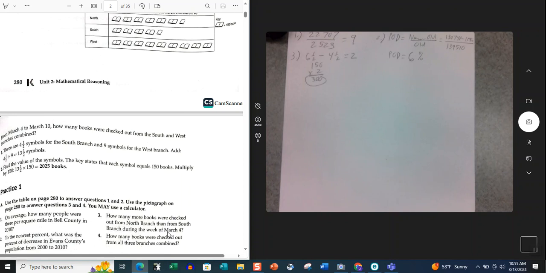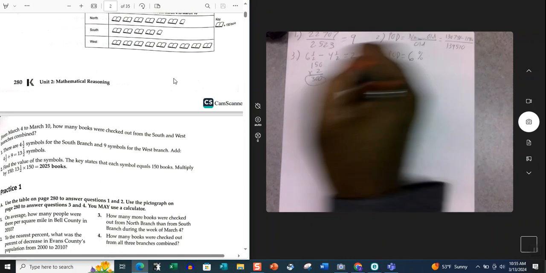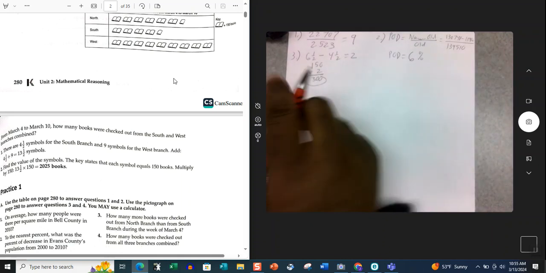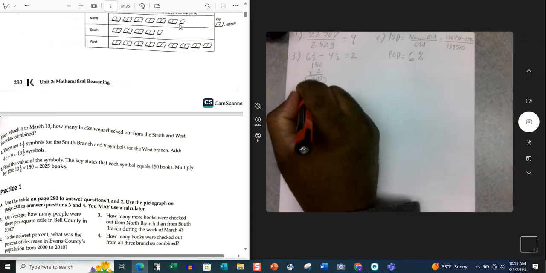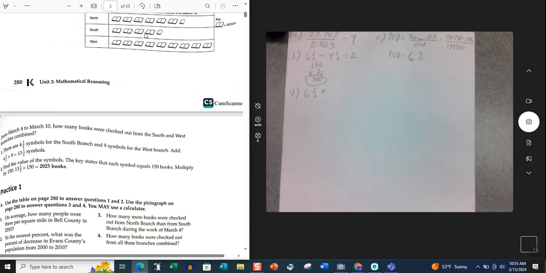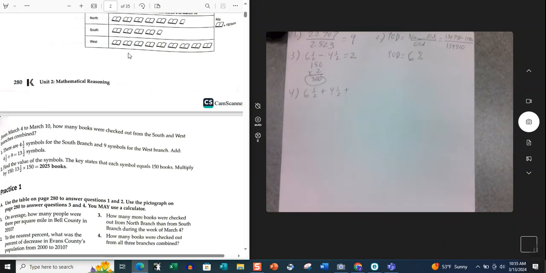All right, now we look at number 4. It says how many books were checked out from all 3 branches combined. So we need to add all of these together. So if we look here, for number 4, we have 1, 2, 3, 4, 5, 6, 6.5, plus this would be 4.5, plus we had 2, 4, 6, 8, 9.